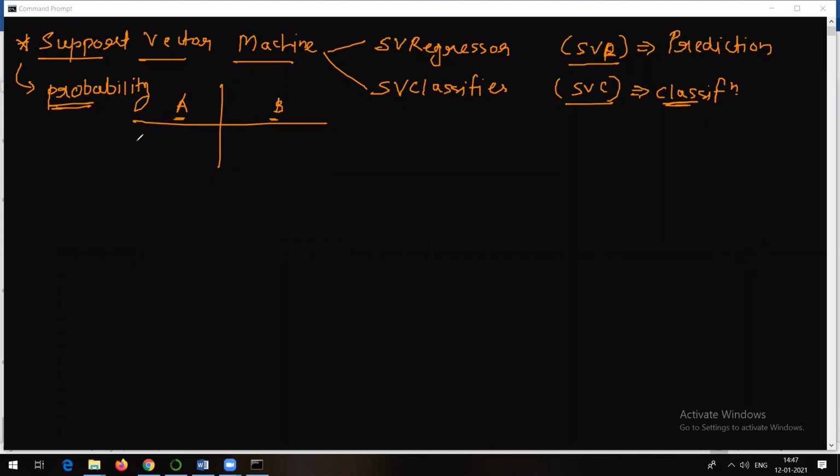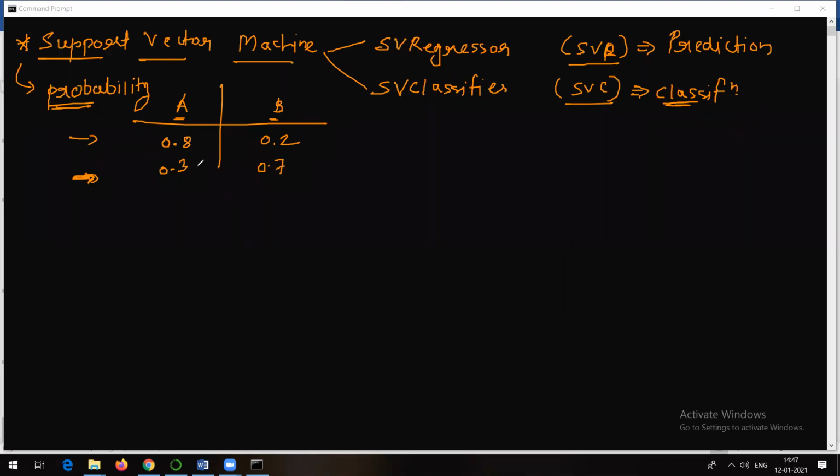Suppose for the first record the probability is 0.8 for class A, and obviously for class B it is lower. For the second record, the probability of belonging to A is 0.3, and the probability of belonging to B is suppose 0.7.